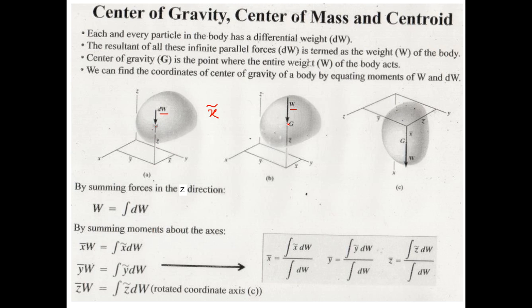And then you have the weight of this entire body, w, which passes through the center of gravity of the body, and this center of gravity is located at x bar, y bar, and z bar. So x bar is the x coordinate of the center of gravity of this entire body, whereas x tilde is the x coordinate of the center of gravity of this tiny particle. And there are an infinite number of these tiny particles distributed in this body.